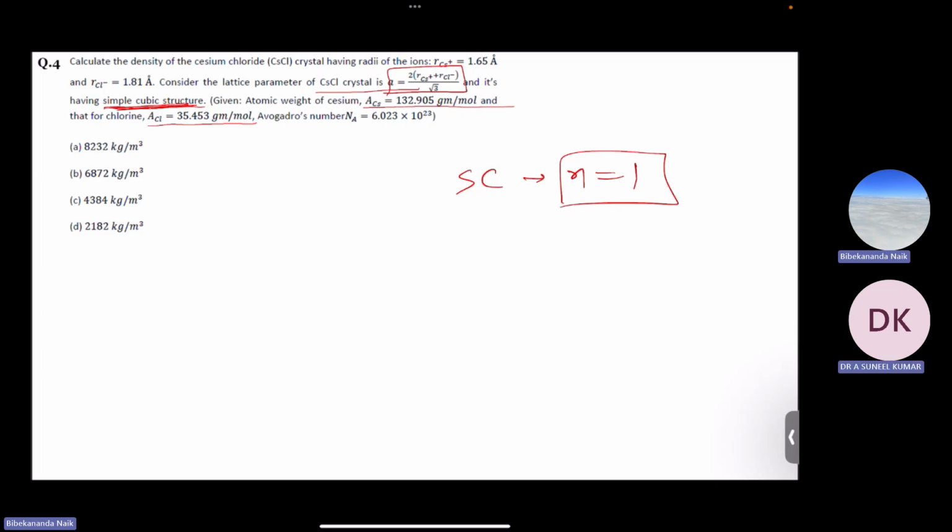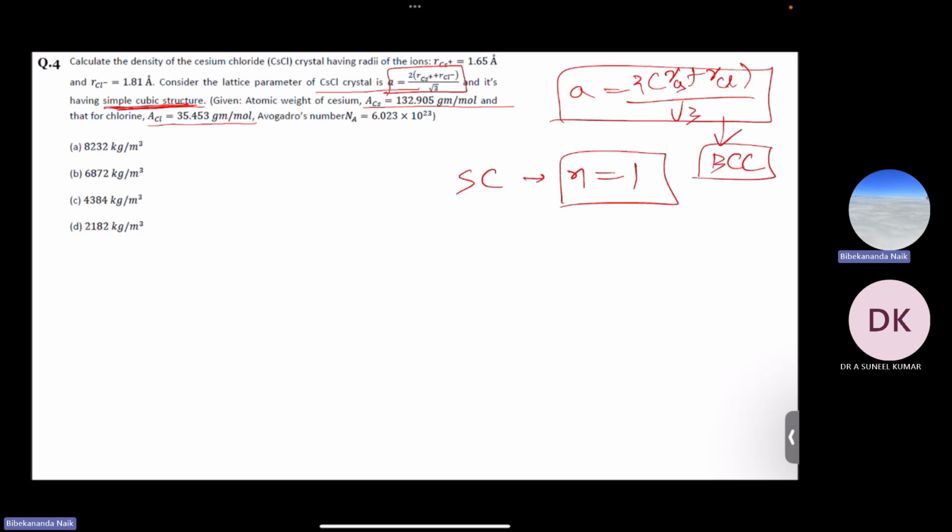If you see this relation, A equals 2 (R_Cs + R_Cl) divided by root 3. Since it is root 3 A, this corresponds to a body centered cubic structure. But in this question, it is mentioned to take simple cubic structure, so you will take simple cubic. But actually, this relation corresponds to body centered cubic structure.